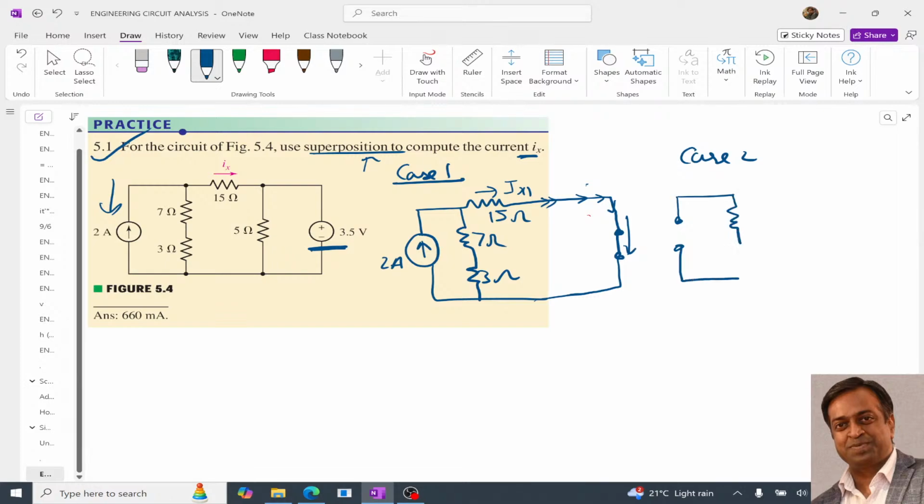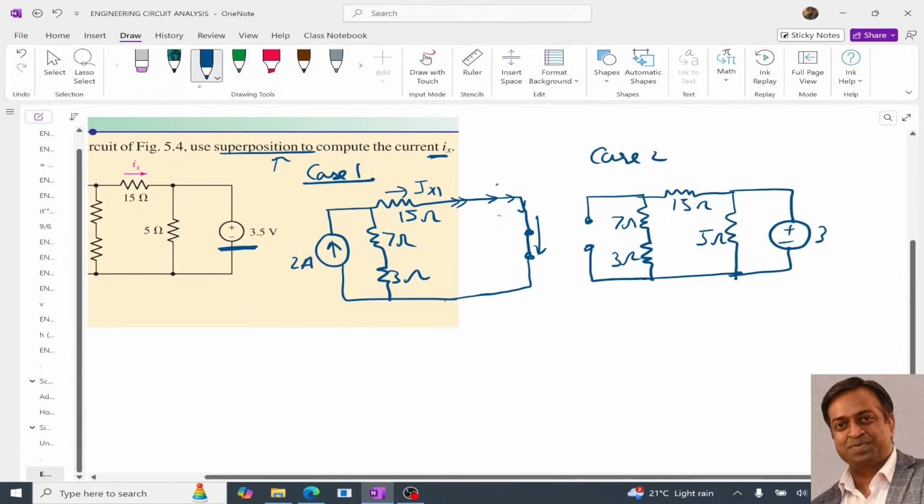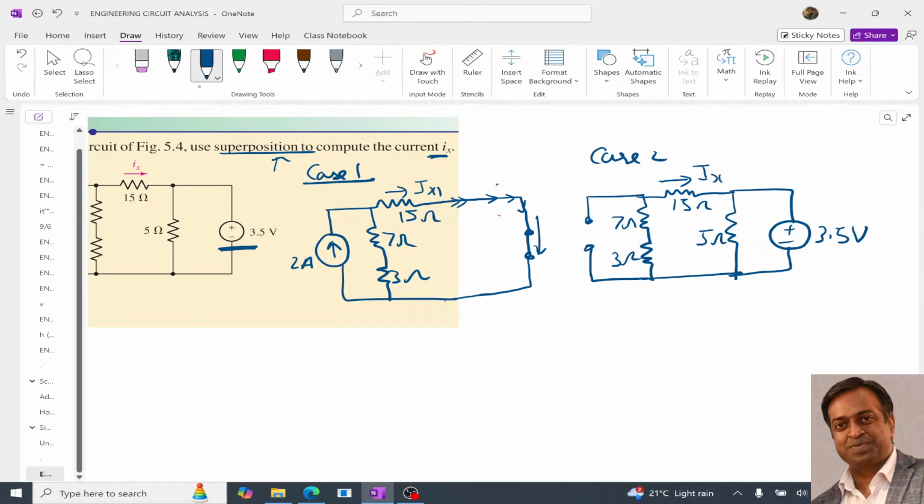Then we have the two resistances, 7 ohm and 3 ohm, then we have this 15 ohm, then this 5 ohm, and then a battery which is this 3.5 volt, and let this current be Ix2.